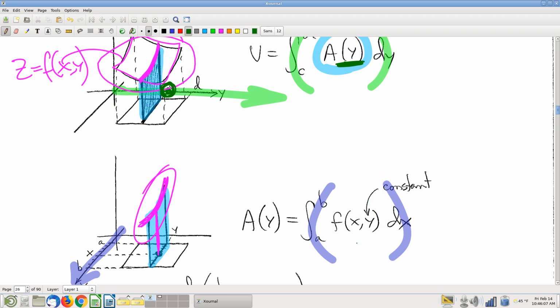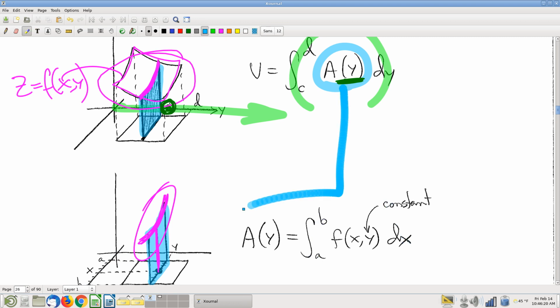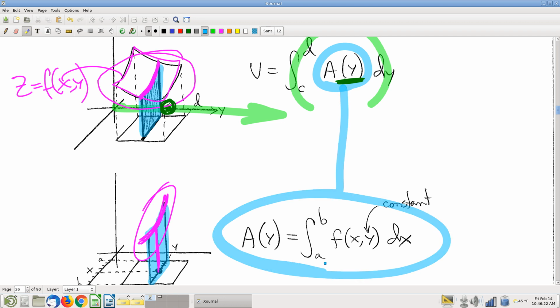So then we have an integral of an integral, if you think about it. The whole purpose of this integral is to compute that cross-sectional area, which is inside of another integral.